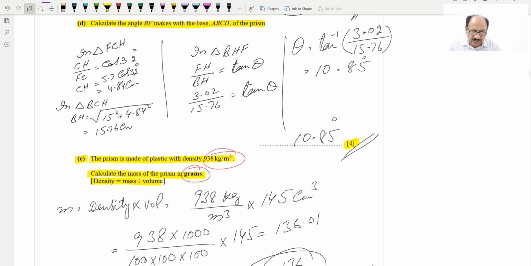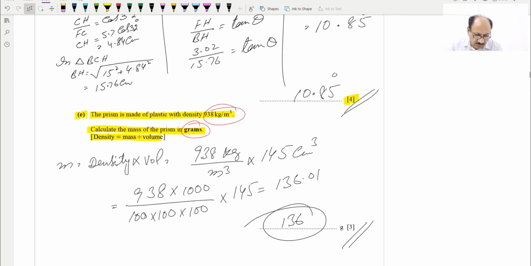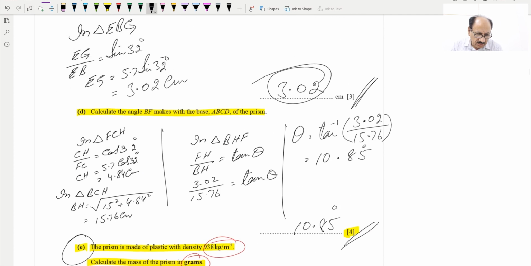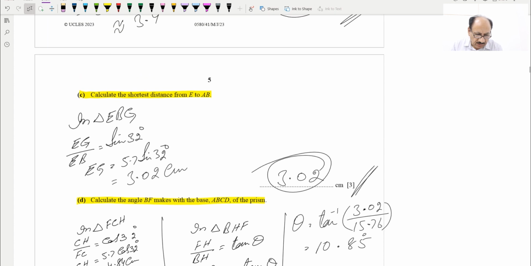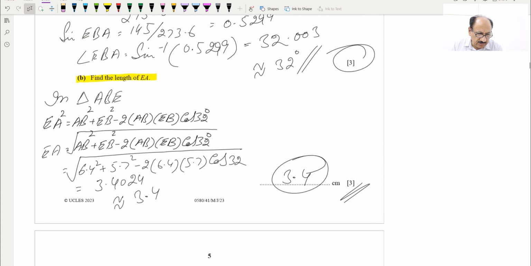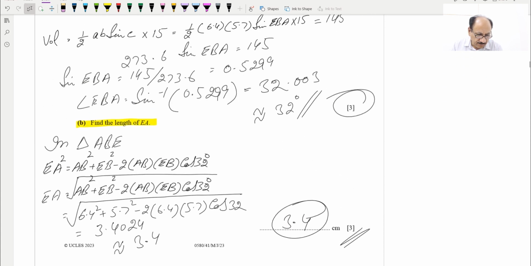You have seen here we have used unit conversion in part E. It was unit conversion in part D. This was sine, cos, tan, which is trigonometry, which we used. And in part C, again we have used trigonometry, then length.